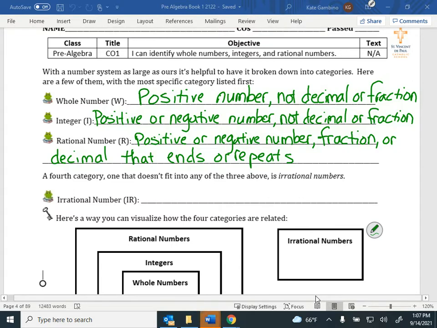An irrational number is the fourth category. It does not fit into any of those three categories above, so it's irrational. It is a decimal that does not end or repeat.